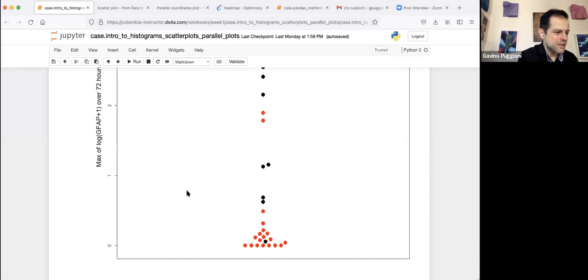Nutrition, I'm seeing some income, race, the breed of the dog. Comorbidities, excellent. Nutrition, lifestyle, size of the dog. Excellent question.